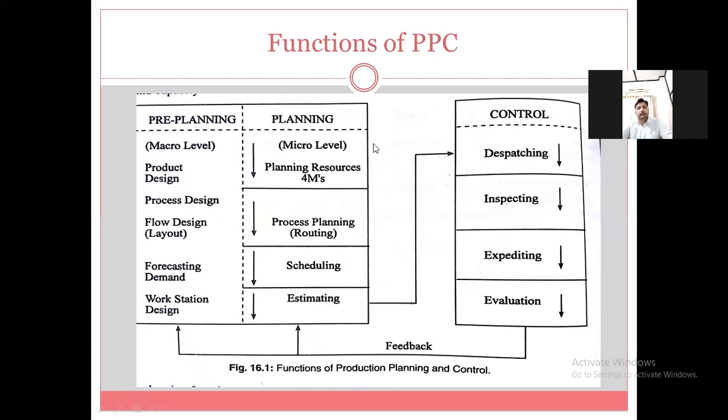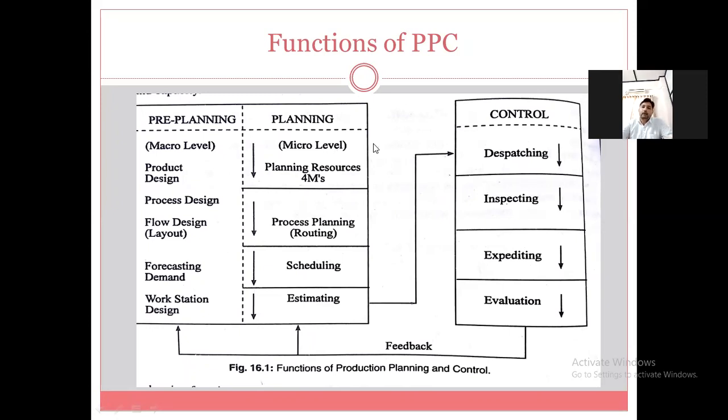It will come from the forecasting demand only. On that forecasting demand, you analyze how many products you want to produce, what should be the capacity of the plant, and what will be the demand of that product in the market. On that basis, you'll do everything.